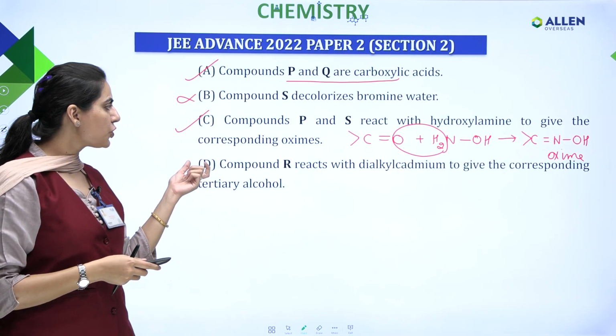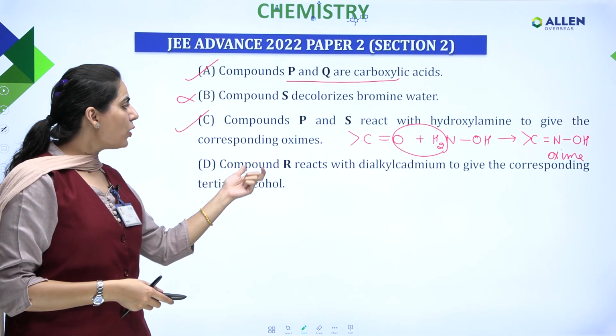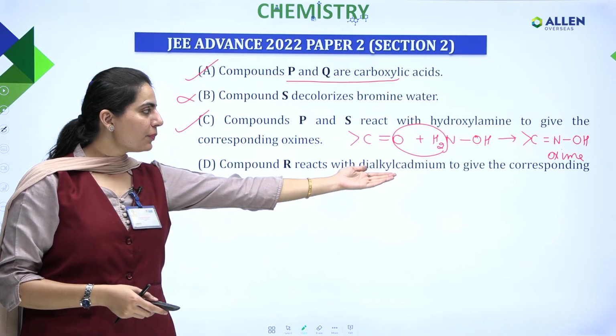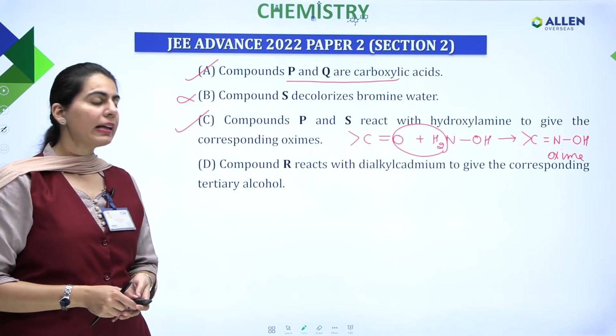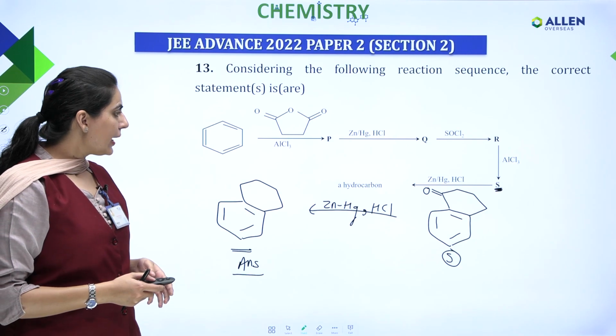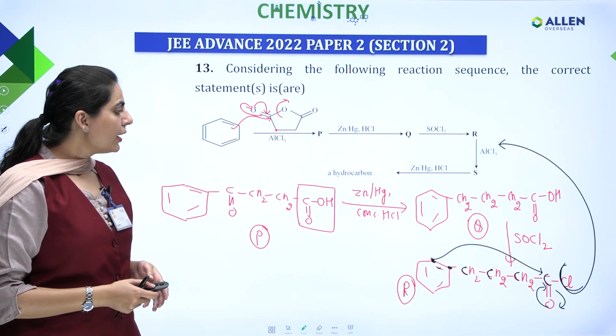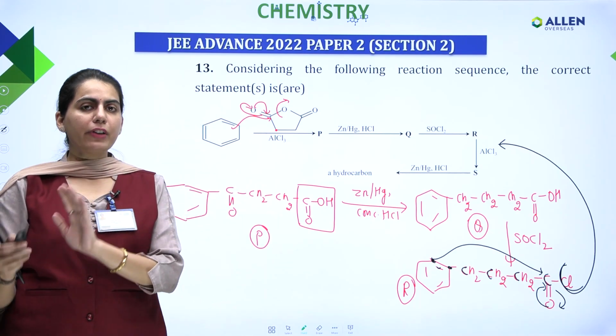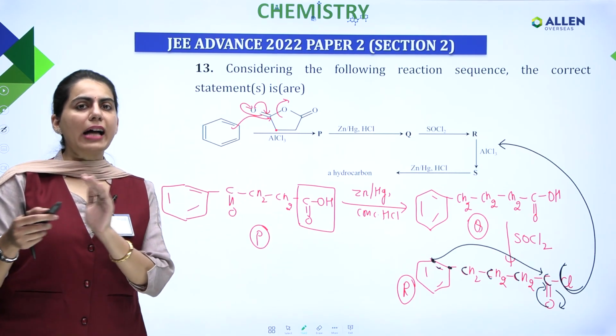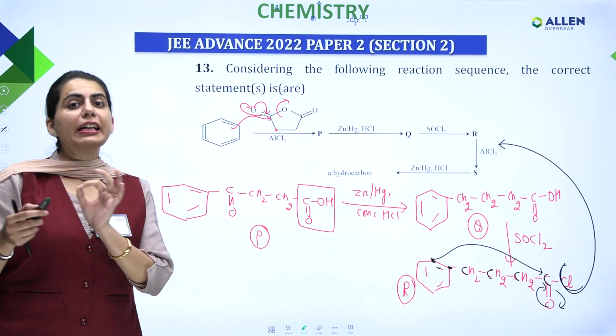And then we have option D, which says that compound R reacts with dialkyl cadmium to give the corresponding tertiary alcohol. So we'll keep in mind that your compound R is this particular compound, which is the acid halide. And whenever acid halide reacts with dialkyl cadmium, you get a ketone preparation.